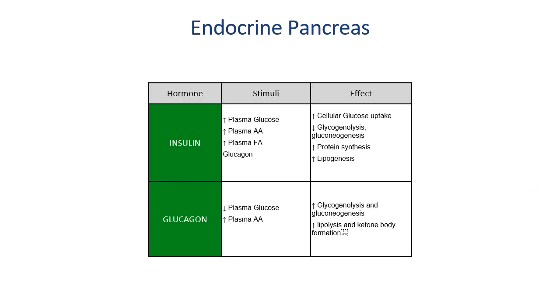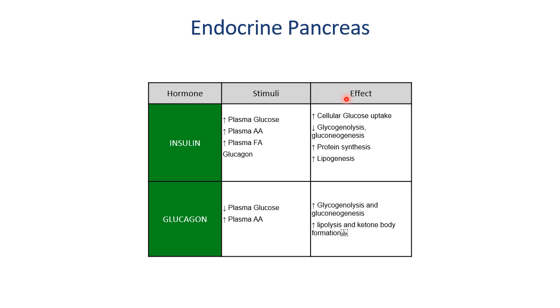So this table would summarize the effects of insulin secreted by the beta cell and glucagon secreted by the alpha cell. What would stimulate the release of insulin? High blood glucose, high blood amino acids, and high blood fatty acids, and also glucagon itself.